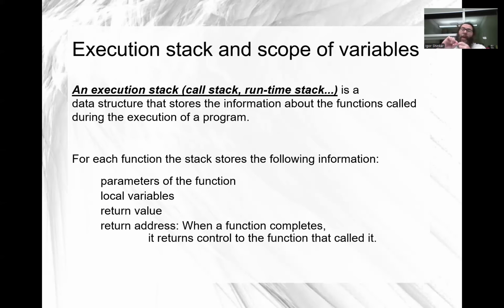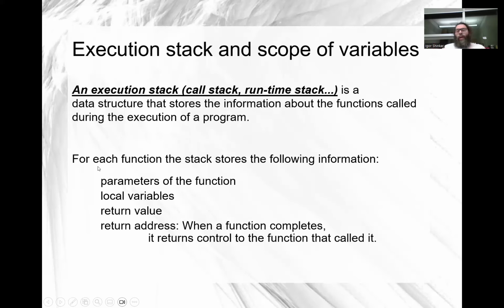So when from main I call some function, when the function returns, I need to know where to go back. When the function completes, we need to remember who called the function and come back to the right position. This is the basic information we need to implement a function.